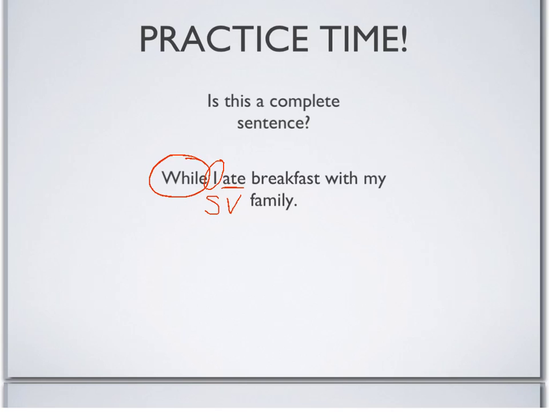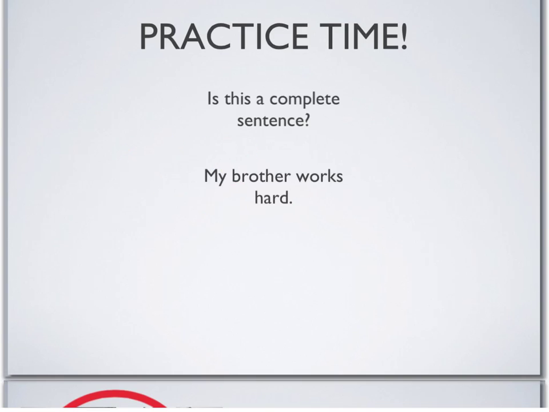While should connect one activity and another activity. Here's one activity, but the other activity is missing. We could correct this by saying, my sister watched TV while I ate breakfast with my family. Now it has two ideas and it's a complete sentence.